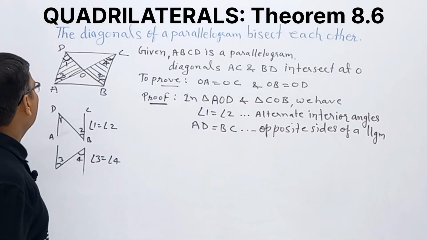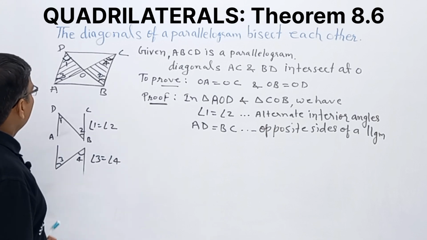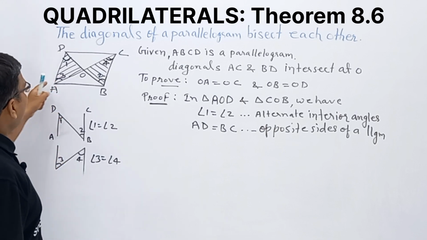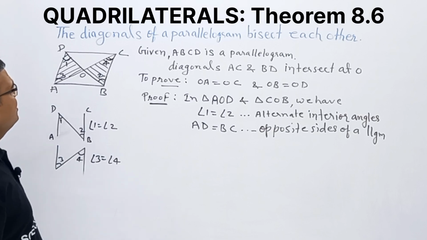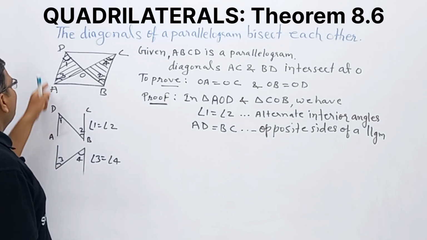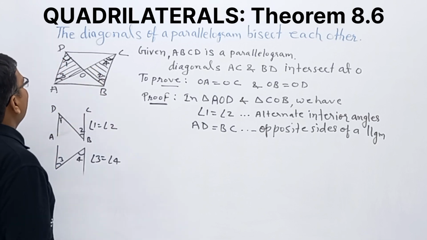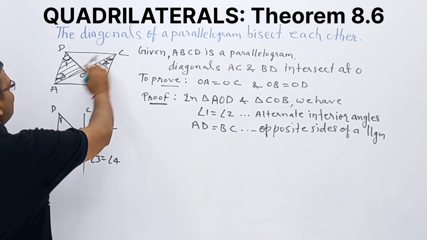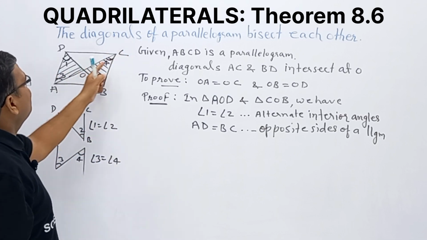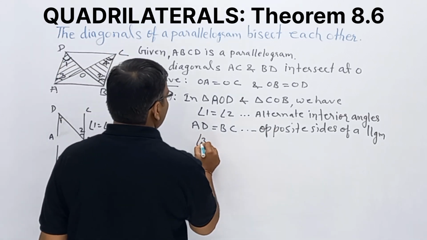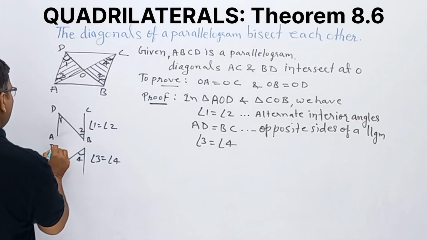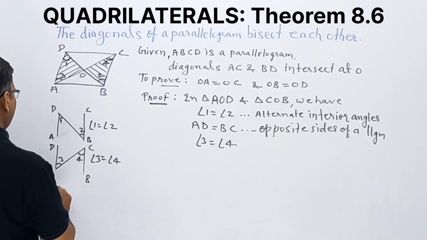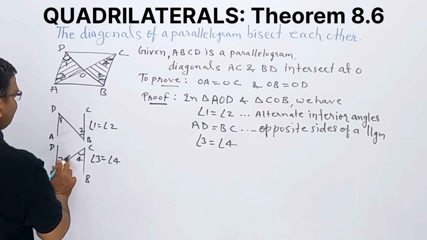Now one more thing is required to prove congruence. Two things we have obtained, and the last one will be this. AD and BC are parallel lines, because in the theorem we have a parallelogram. So AD and BC are parallel lines and AC is a transversal. Then angle 3 equals angle 4.